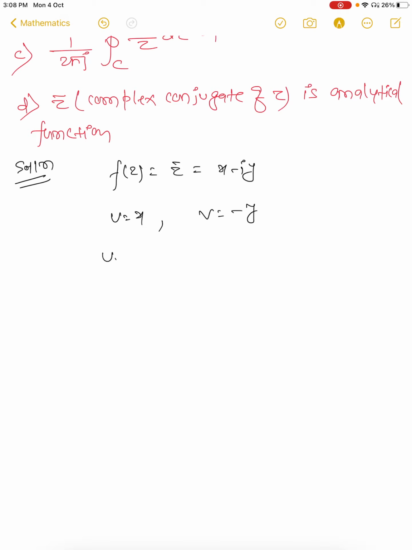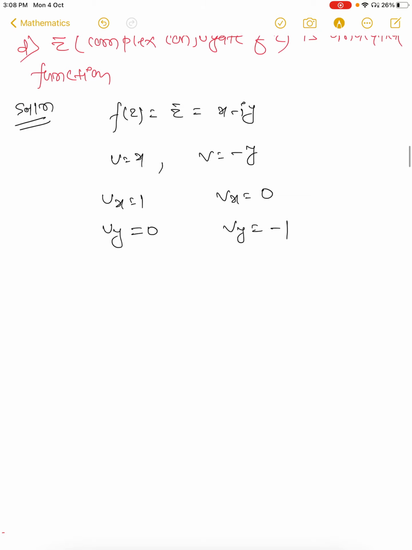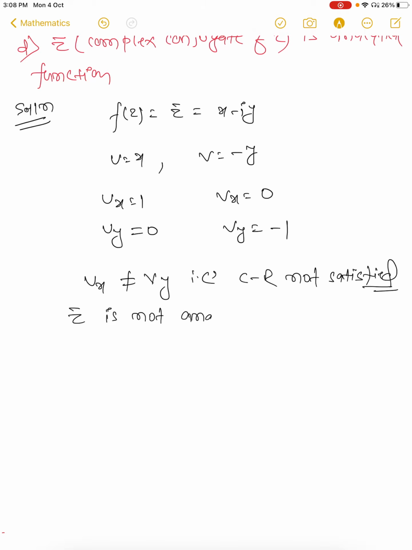So ux is equal to 1 and vx is equal to 0, uy is equal to 0, and vy is equal to minus 1. So ux is not equal to vy, that is, the CR equations are not satisfied, and mod z is not analytic.